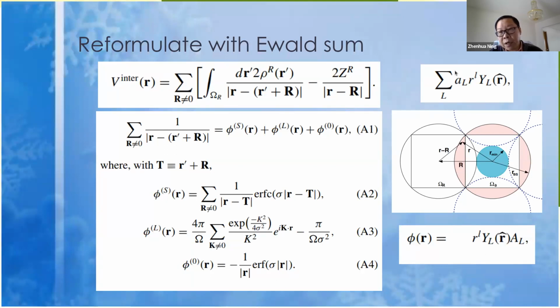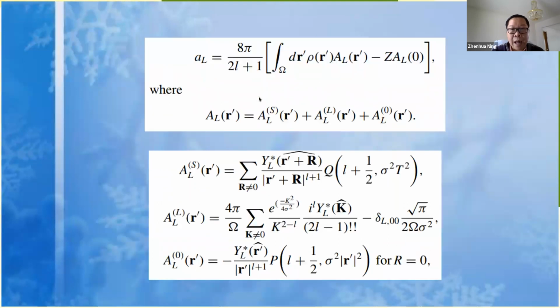If R goes to 0, this one is still valid. And these terms can be expanded into this form. So by expanding these terms and grouping the terms, I obtained the coefficient AL by this equation.